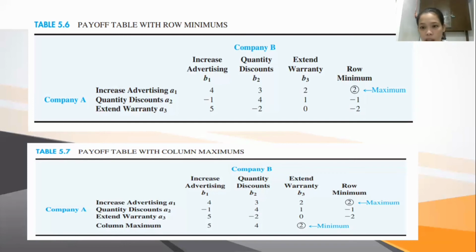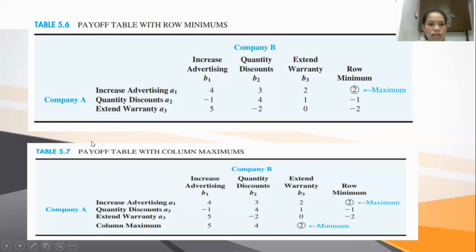Here, the maximum value in the row minimums is 2%, so by using the first strategy, company A will have an increase of 2% in the market share. Therefore, company A selects the first strategy, increased advertising, as its optimal strategy, because an increase in the market share of 2% is guaranteed.